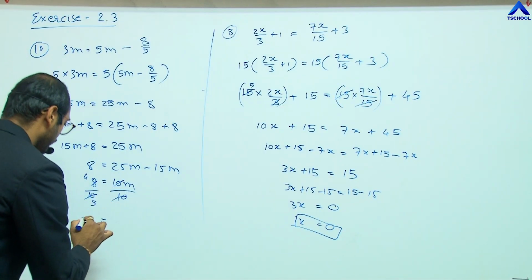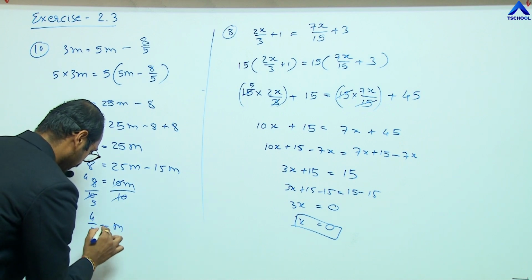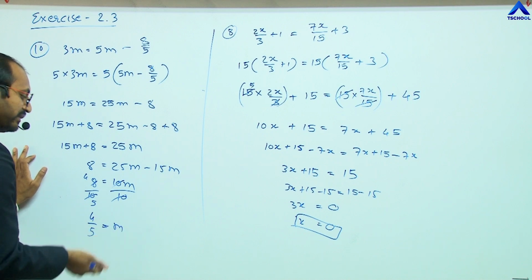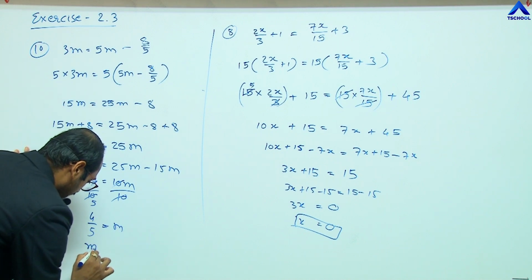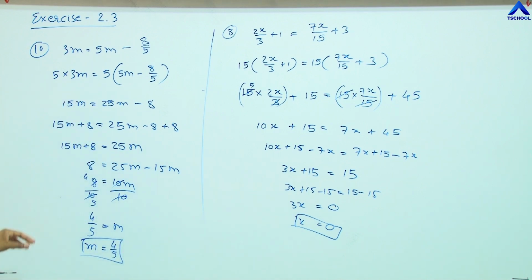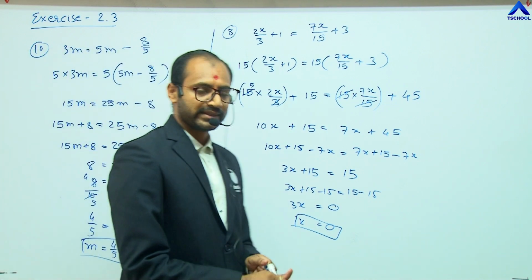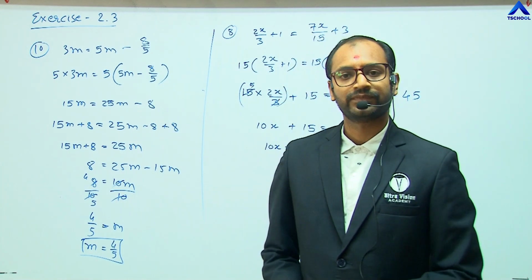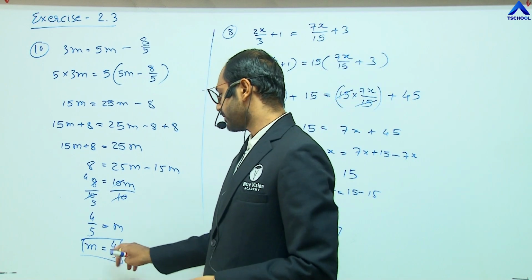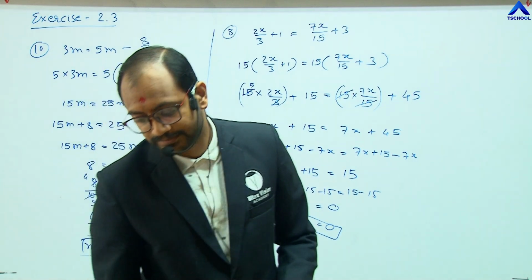So what is m? 4 by 5 equals to m. That means we can write m equals to 4 by 5. Clear? Because it is equal, that means we can interchange these two positions. Clear? So m equals to 4 by 5 is the answer of this problem.